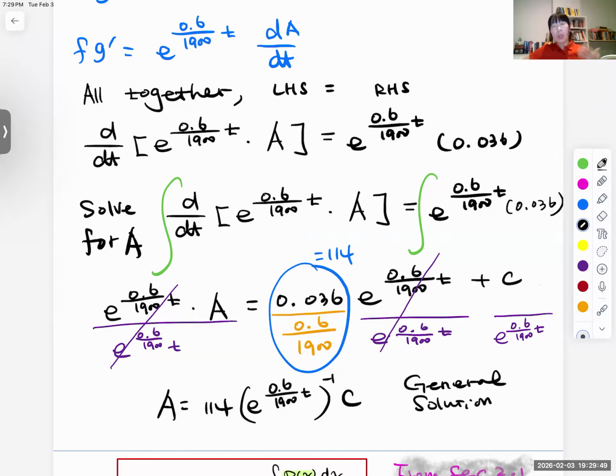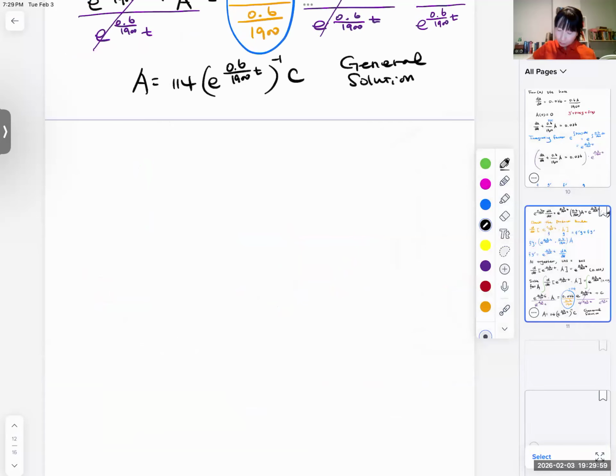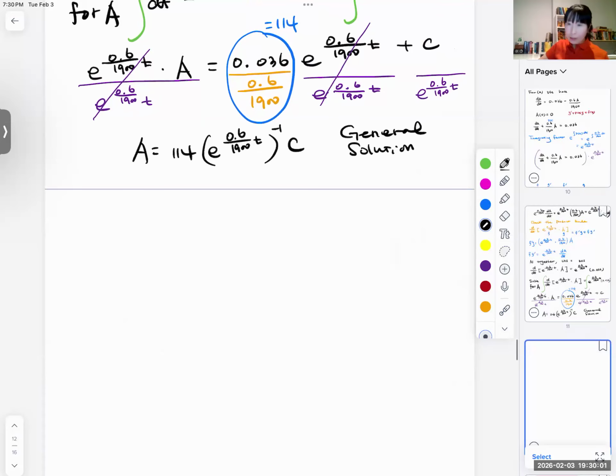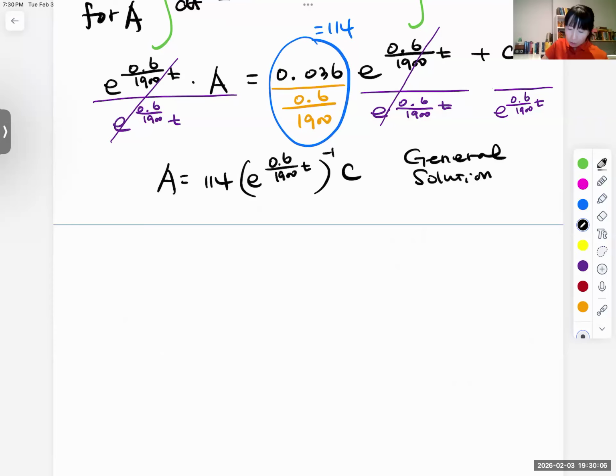And then the initial value is given, so let's find the particular solution. So let me extend the page here. So we have that, and the initial condition a of 0 equal to 0.